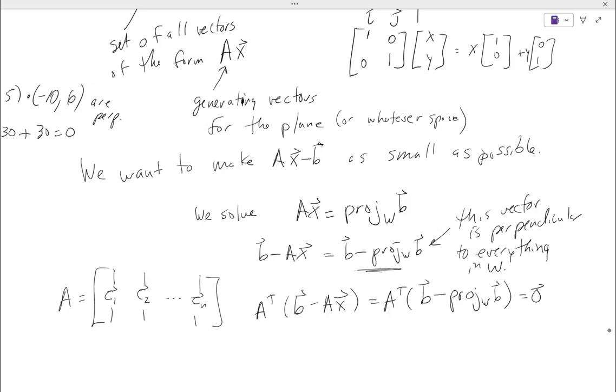Because this B minus the projection of B onto W is perpendicular to every single column of A. We transpose A, so now we're doing dot product. So each of those entries is going to be 0. Now, if we rearrange this equation, we can rewrite this as A transpose A times X equals A transpose B.